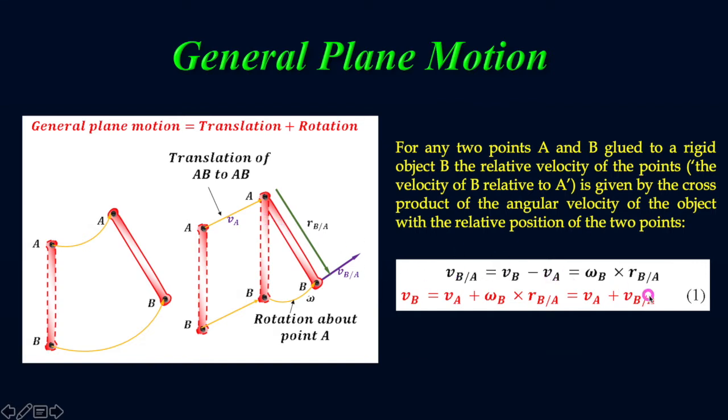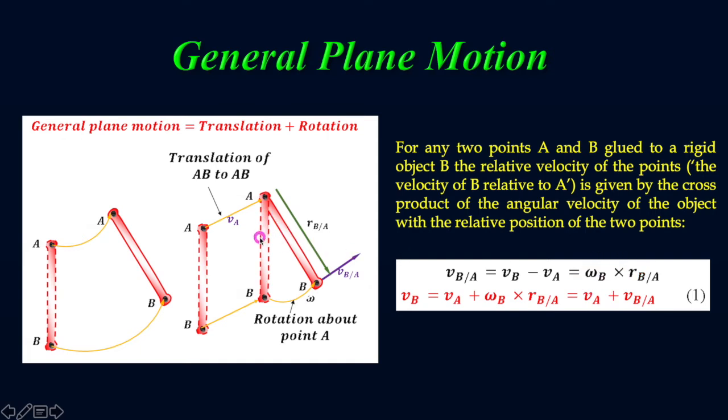Again, that is equal to omega into RBA, as it can be defined as the angular rotation. And this is the radius vector RBA, so RBA into angular speed. So this is the velocity.